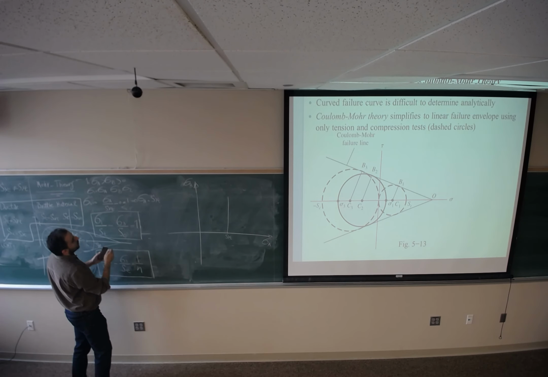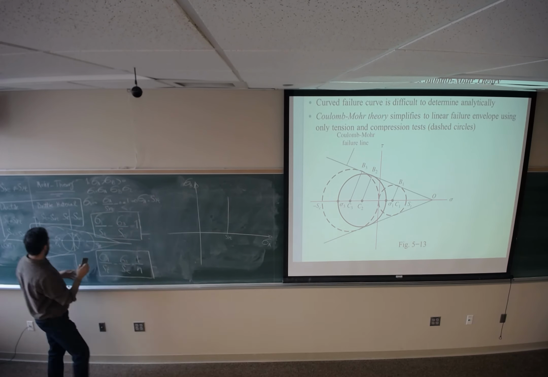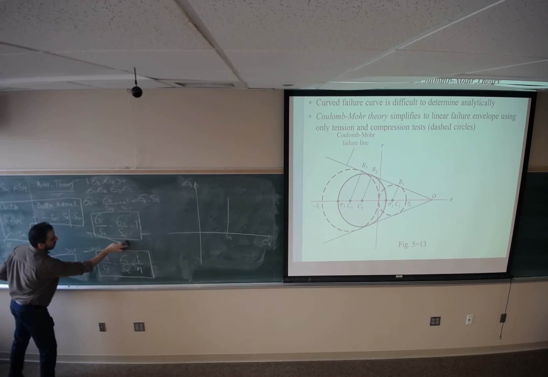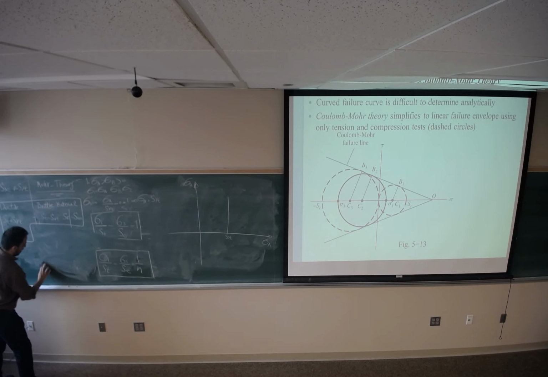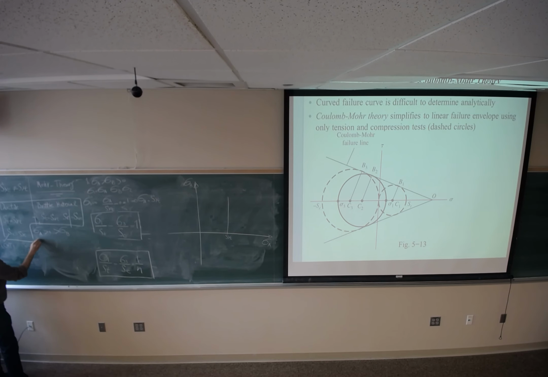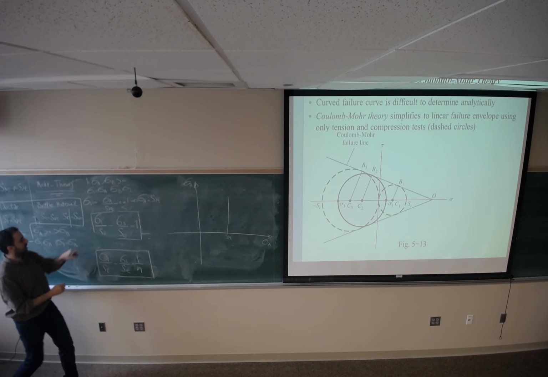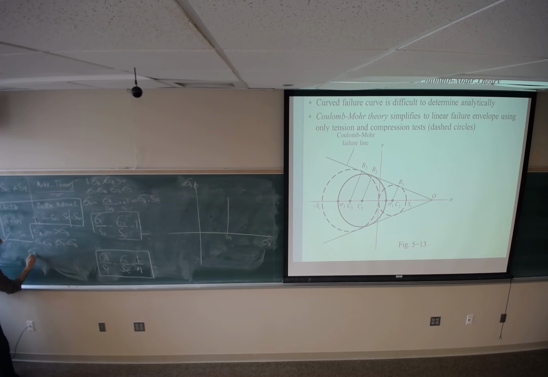Case 2. Sigma A is positive, but sigma B is negative. So sigma 1 is sigma A, sigma 3 is sigma B. So just plug in here: sigma A divided by SYT minus sigma B divided by SYC equals 1. This is the failure.